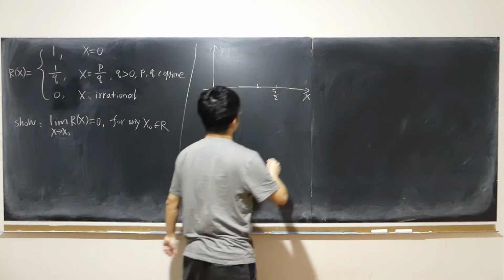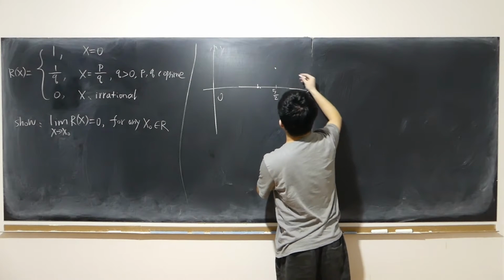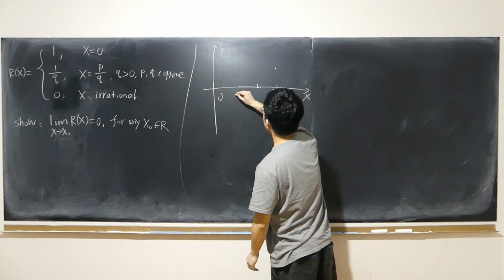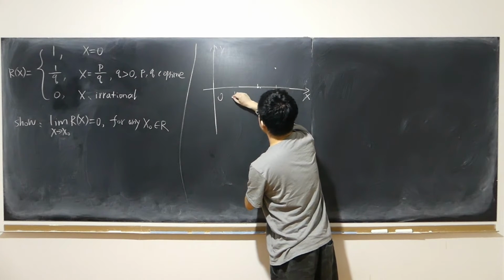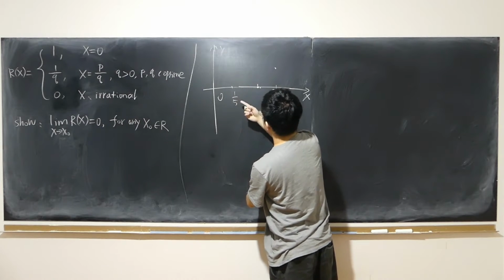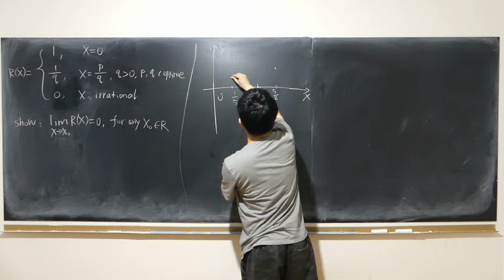Half would be somewhere here. Maybe somewhere here I have 1 over 5, then it's defined to be just 1 over 5.